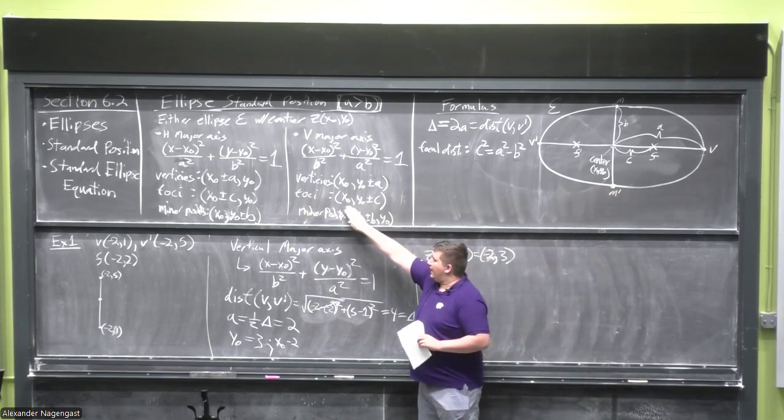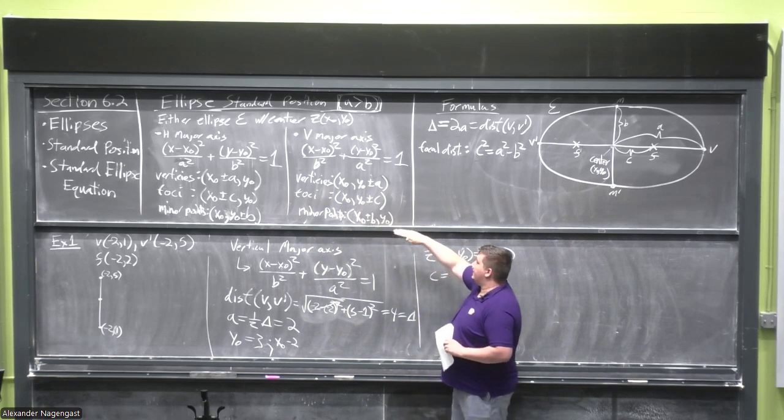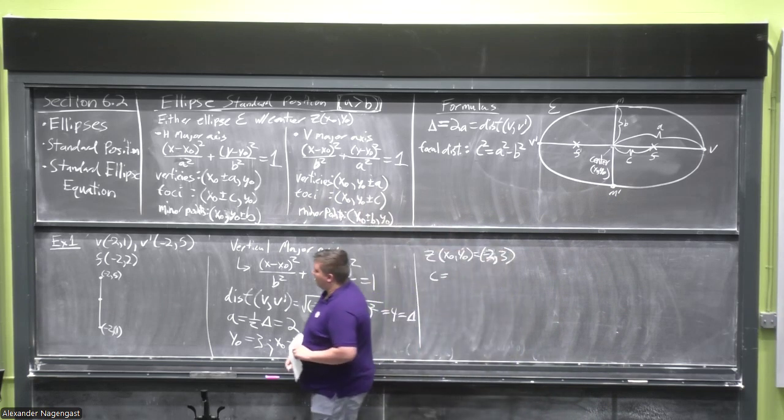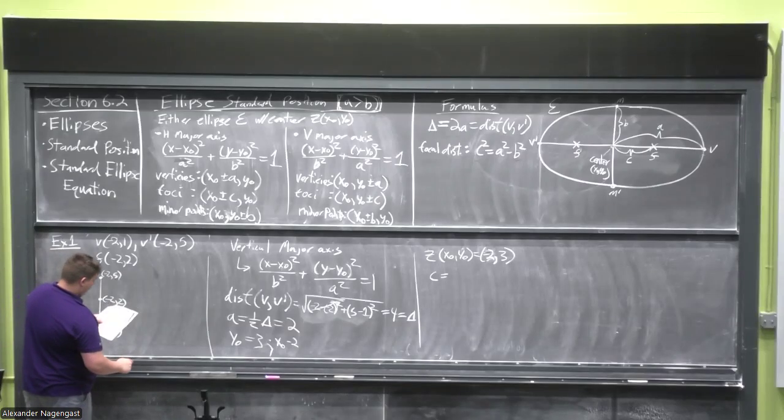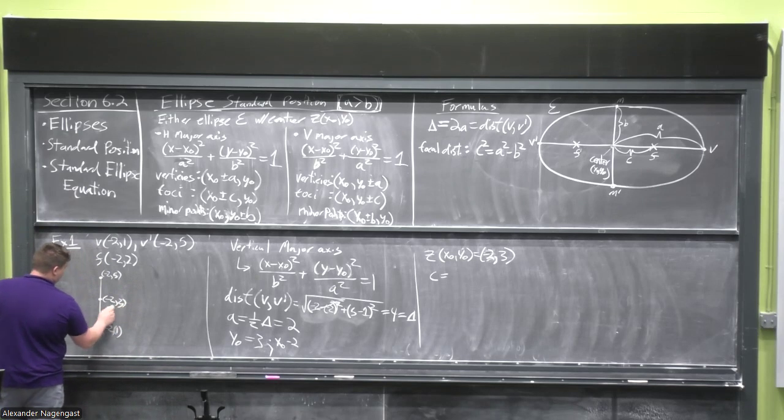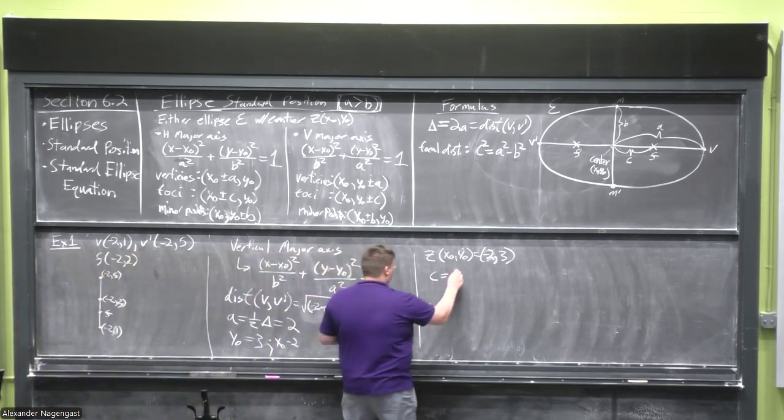So we have this equation here, x0, y0 plus or minus C. Our center is -2, 3, and we have one focus at F equals -2, 2. So here is our F. Our distance between these two is 1. So our C is equal to 1.